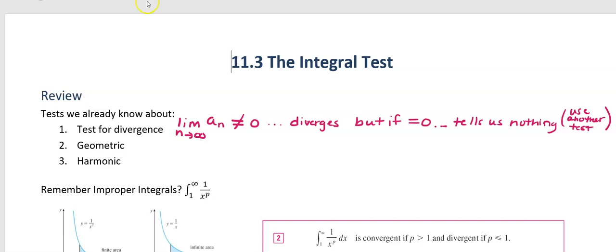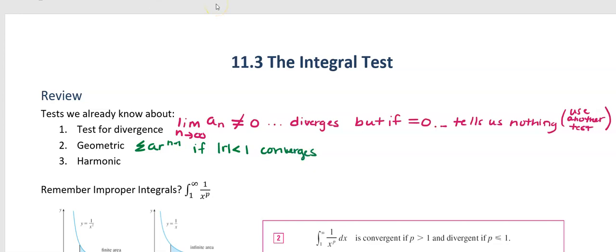We also know things about the geometric series. The geometric series is of the form a times r to the n minus 1 power. And if that r value is between -1 and 1, or if its absolute value is less than 1, then we know that the series converges.